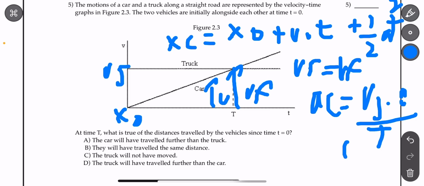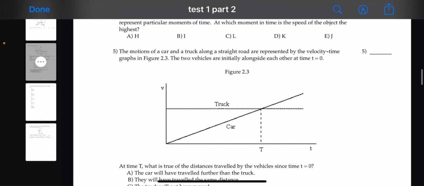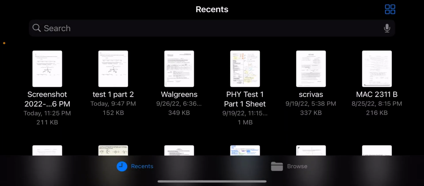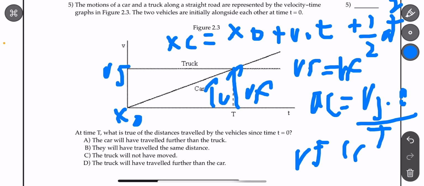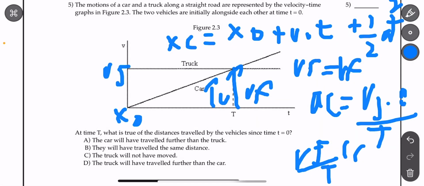And we also know this is equal to, oh wait, sorry, over t, right? So then we could break this all the way down to finding the two different equations for each vehicle.